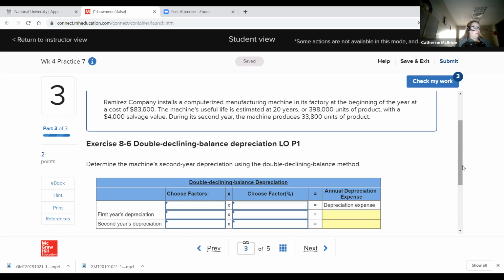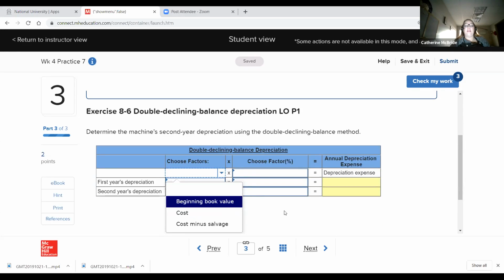Okay, so if its estimated life is 20 years, this is when you have to figure out, how do I know what double the straight line rate is? Well, the straight line rate is 1 divided by 20, which is 5%, times 2. So the rate is 10%. So on the top, this time, we're going to use beginning book value.